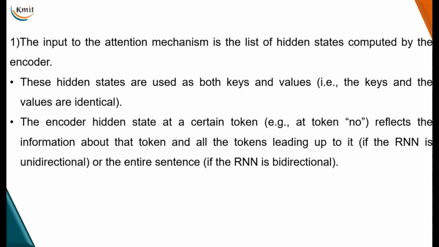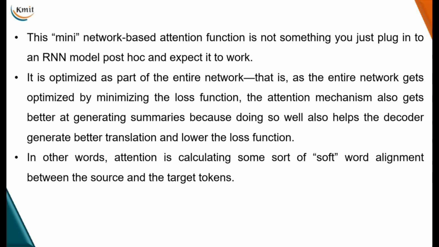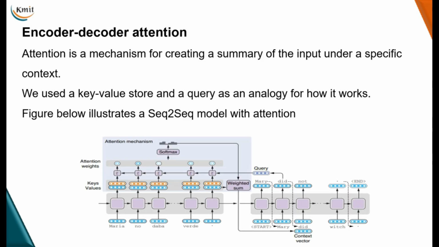So basically, in order to reduce the loss function, we will be using these mini network based attention functions. This is all about how we implement the attention function in our sequence to sequence models. Thank you so much.